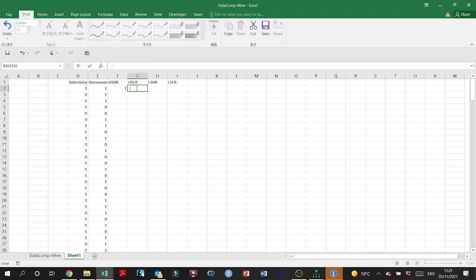On the other hand, if this is equal to 0, and this is equal to 1. Okay. Where is the AND? And now, if this is low, so this is equal to 0.